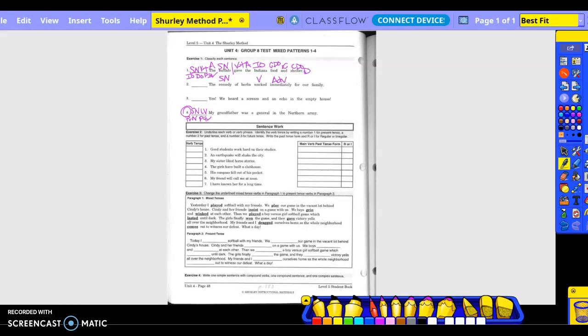Let's see. For what? Whose family? Possessive pronoun, adjective. Of, preposition, of what? Okay, so the pattern is subject, noun, verb, pattern 1, check.